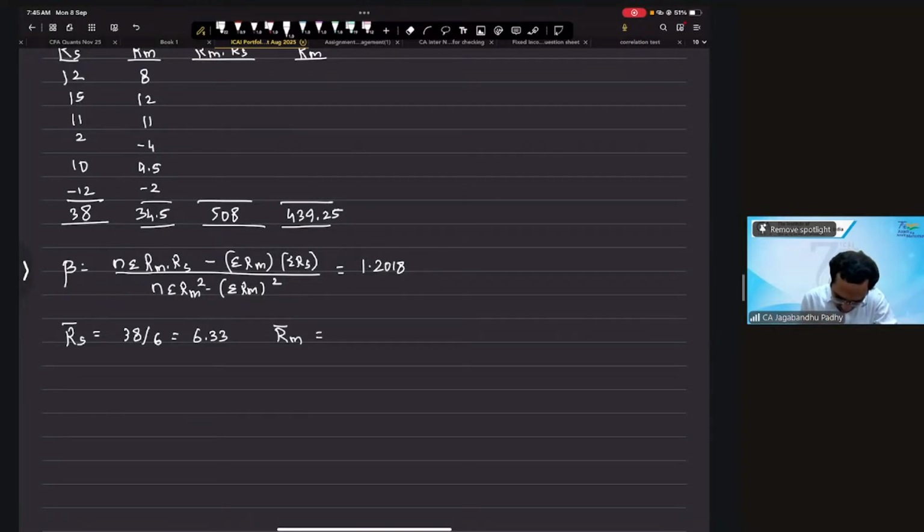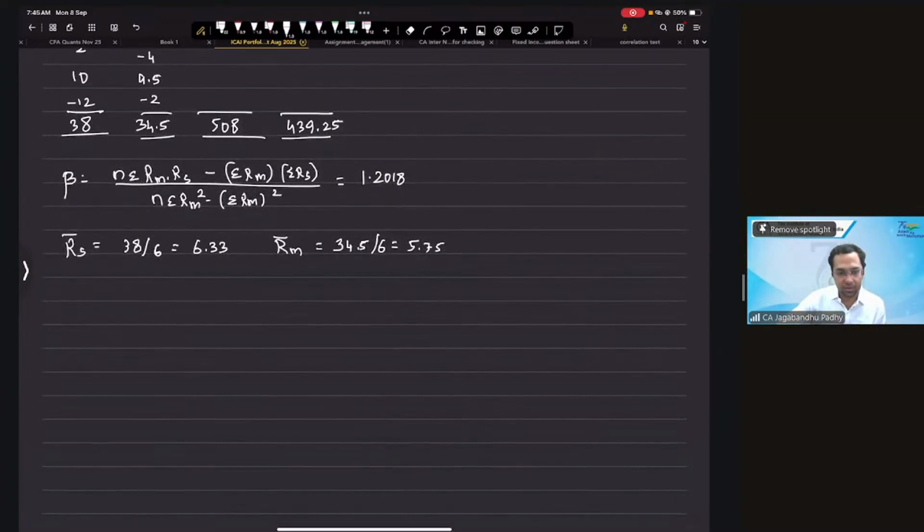The average of market return is 34.5 divided by 6, which is 5.75. So we have beta and the average returns.